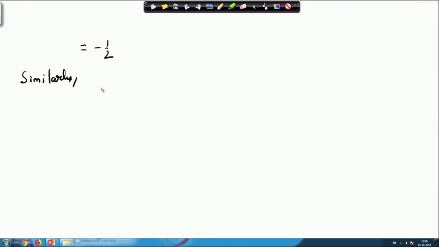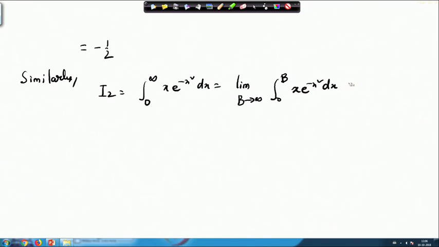Similarly, we can evaluate I2 equals the integral from 0 to infinity of x e to the power minus x squared. We can write it as the limit as b goes to infinity of the integral from 0 to b of x e to the power minus x squared dx, and if we follow similar steps as for I1, this will give us the value half.